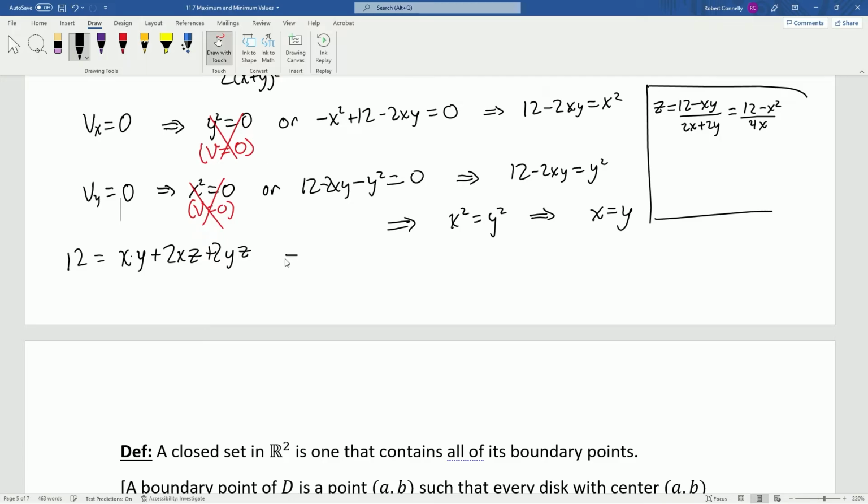Okay, so what does this give us here? This gives us 12 equals x squared plus 2x times (12 minus x squared) over 4x plus 2x times (12 minus x squared) over 4x. So this is x squared plus, so the x over x cancels in both cases, and 2 over 4 becomes 1 over 2.